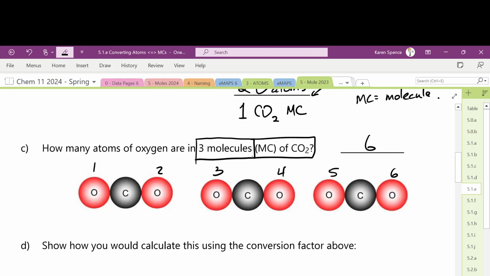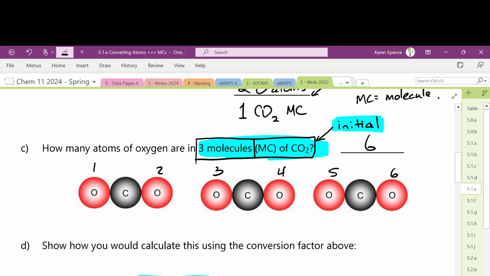So our initial quantity in our question is 3 molecules of CO2. Okay, so that's our initial. And then we need to multiply by a conversion factor. What needs to go on the bottom so that it will cancel?